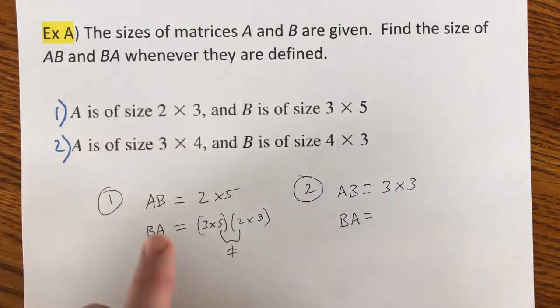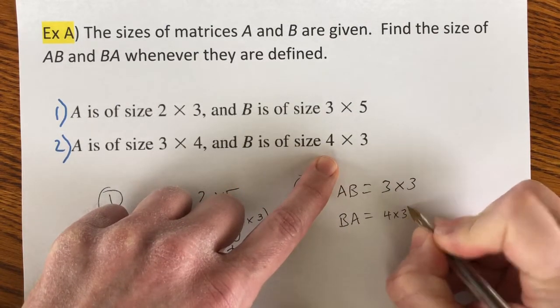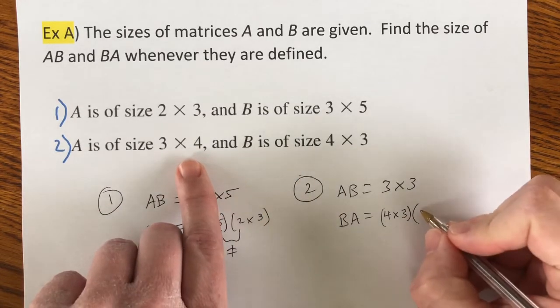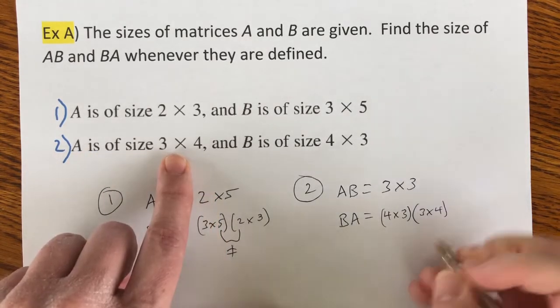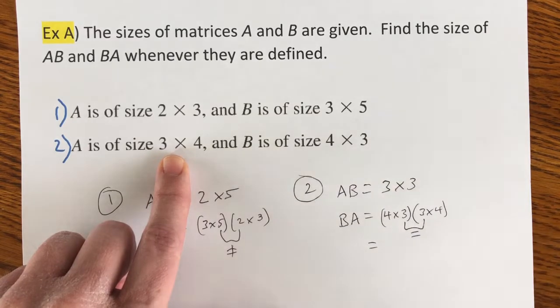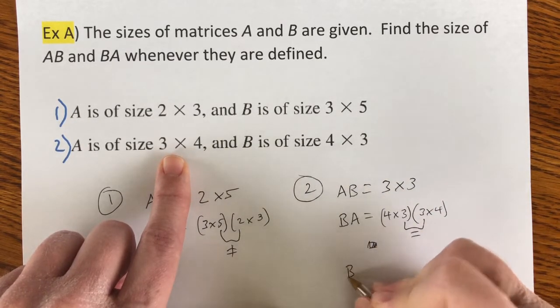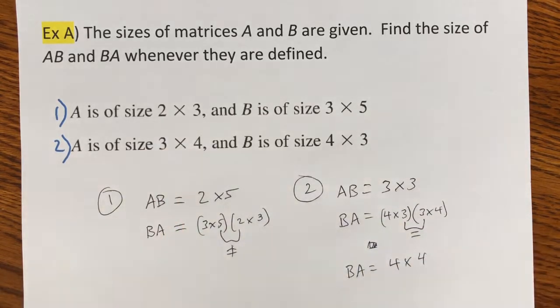Well, BA would be a 4 by 3 times a 3 by 4, that's the size of matrix A. So yes, we can do this one because now these two are equal. So the result of BA would be a 4 by 4 size.